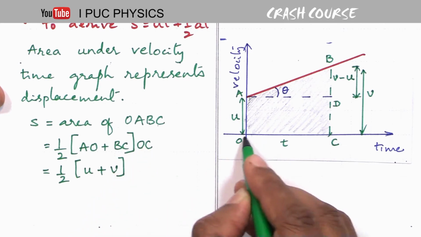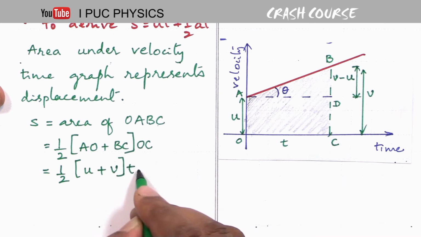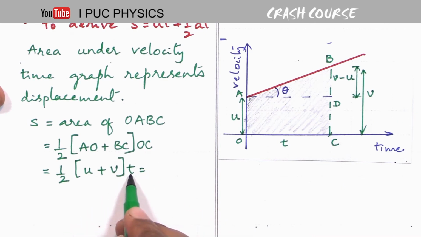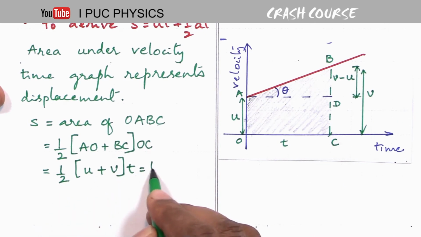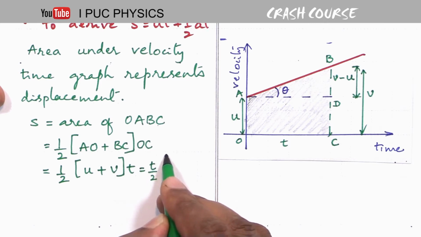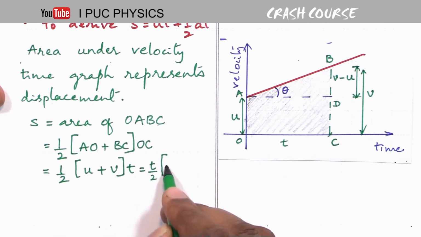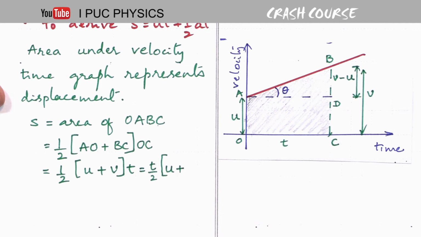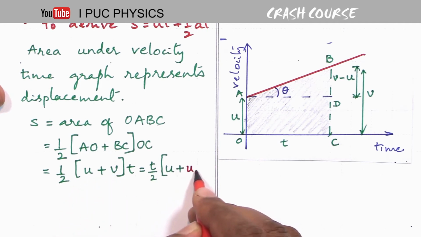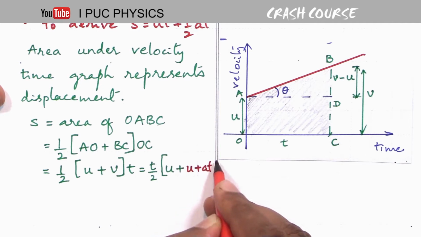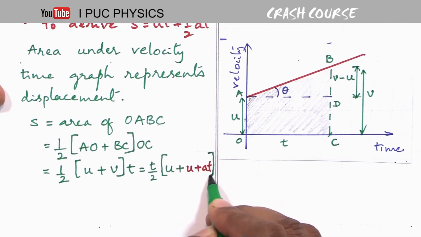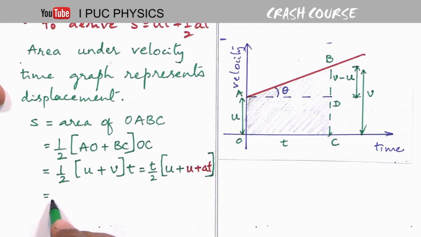OC is time t, so t by 2, u initial velocity plus, we already know that v equal to u plus at. So u plus at equal to t by 2.